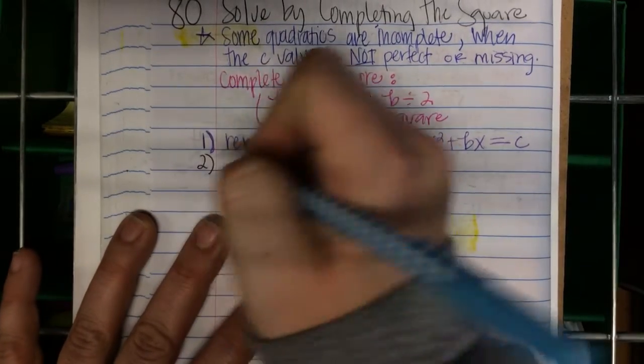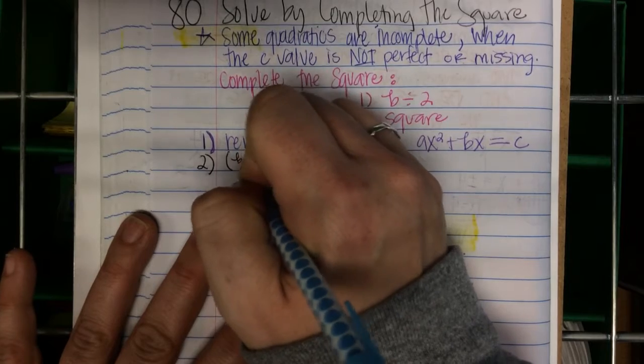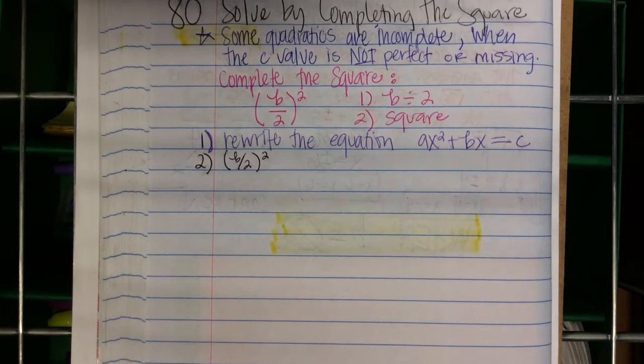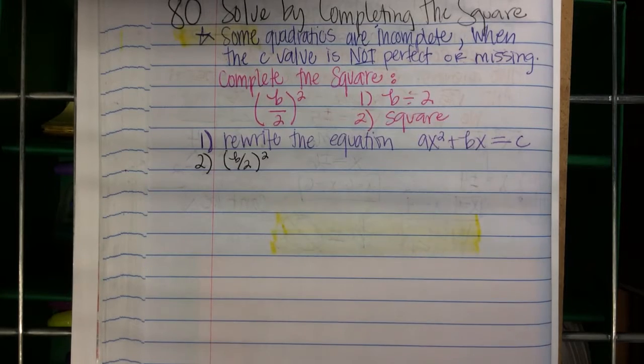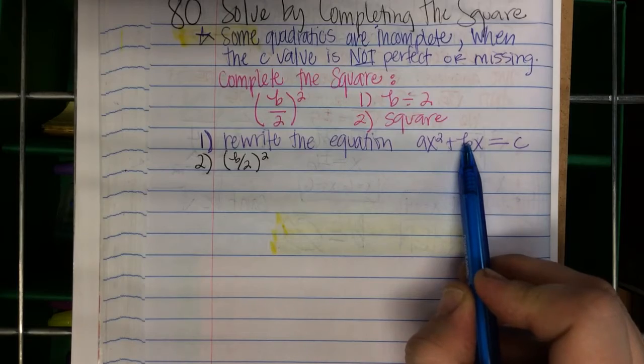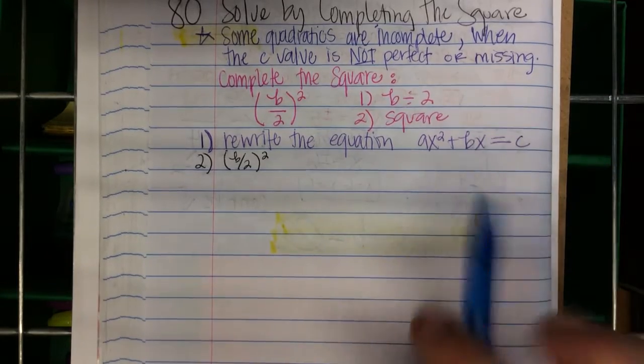Then we go to step 2, which is the b value, whatever this number is, divided by 2. Take that answer and square it.